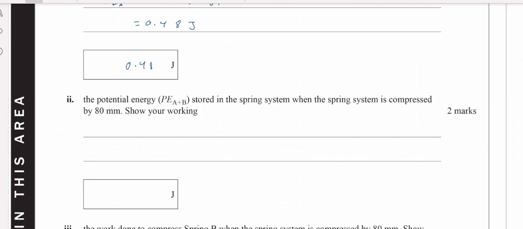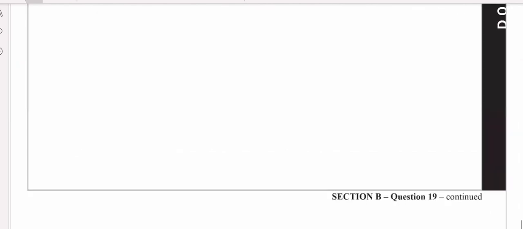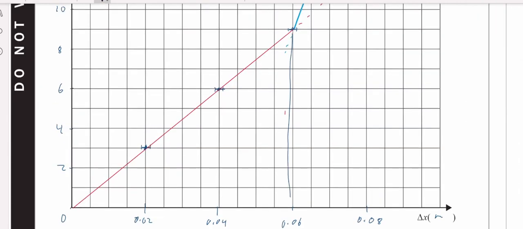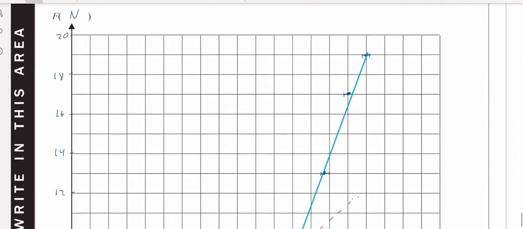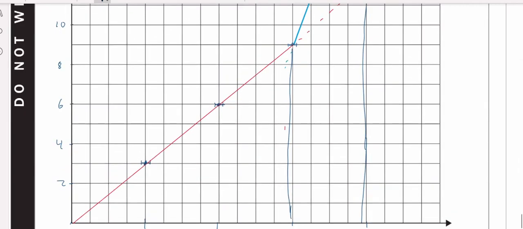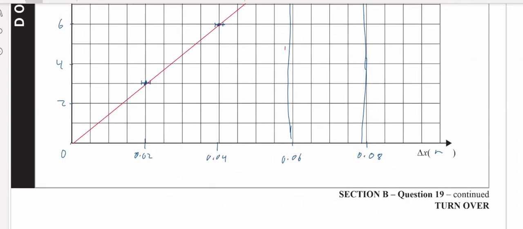And then we're finding the total potential energy with A plus B. We can first get this, and then this area. Yep, 0.02 difference.